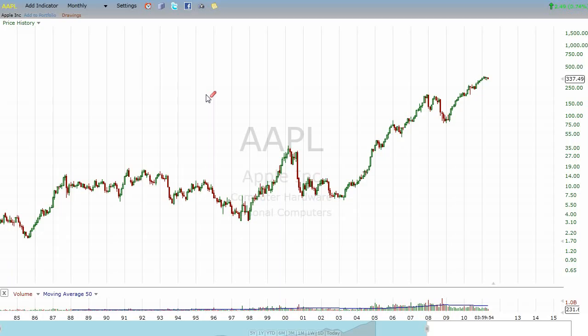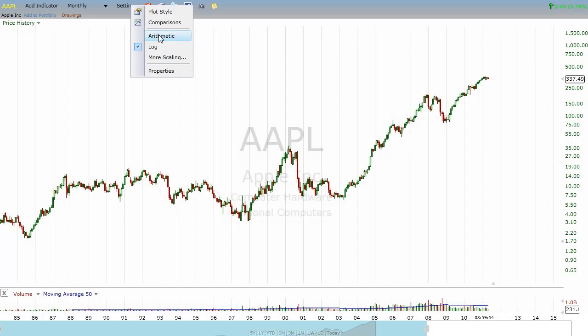Sometimes these people will use an arithmetic chart because they know it makes things look more exaggerated. So, for example, if instead of Apple we were looking at the growing U.S. debt, I might want to use an arithmetic chart.